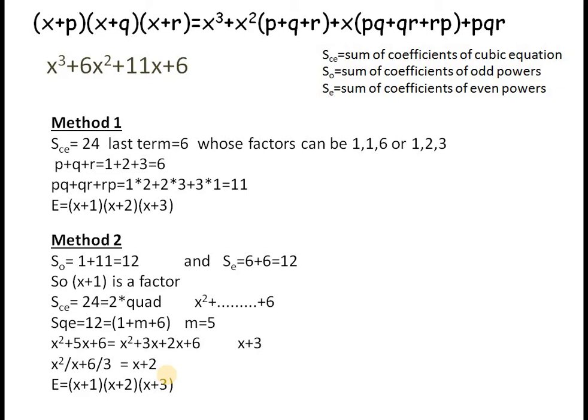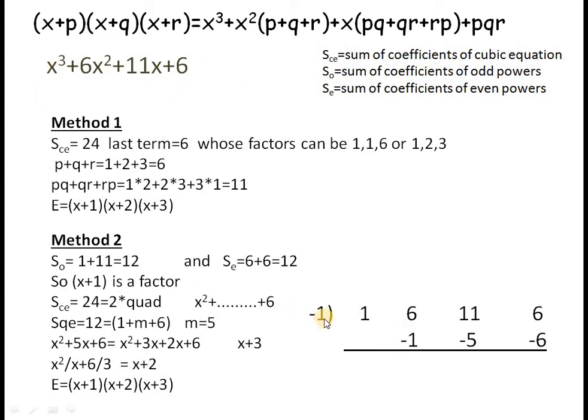Now if we have any one factor, or even by trial and error, we can also use the Paravartya method, which we have learned earlier. This can also be termed the factor theorem. So now we are going to divide this polynomial by x plus 1.